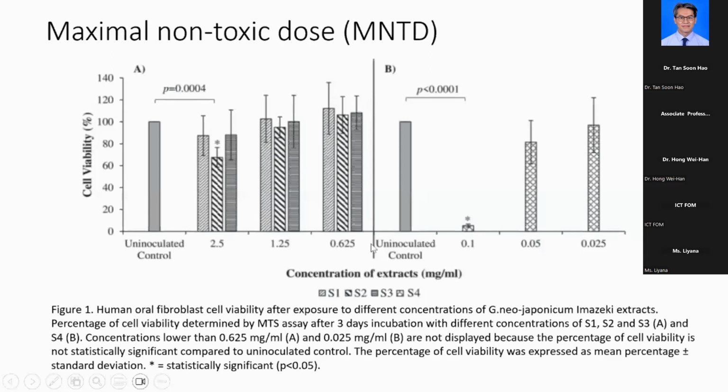We tested different concentrations, and as you can see, for S4 we use a lower range because the higher ones show cytotoxicity, which is why we do not go up to 0.1 milligram per ml. After this data, we decided to use 1.25 milligram per ml, because treated cells do not show significant reduction in cell viability or in morphology. We also check the cell morphology, to see whether after treatment with these extracts they show any anomaly. If they do, it may suggest the extracts have some effect on them.